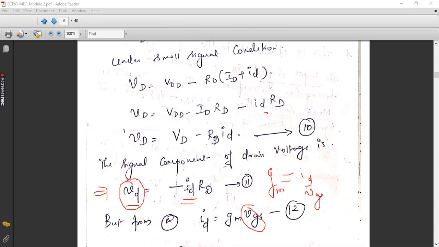So we are trying to replace this id with vgs. For this voltage gain, we are considering only the AC component. The DC component, capital VD, we have already written over here. The remaining AC component we have taken for the analysis of small signal voltage gain.